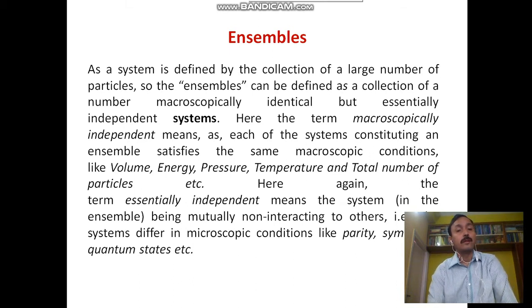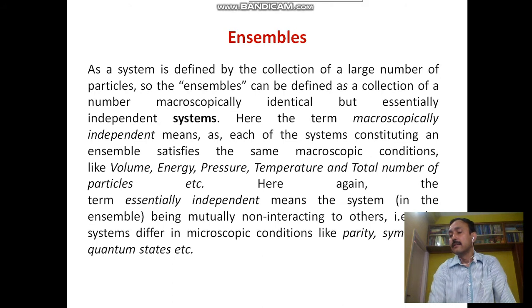The systems may differ in conditions like parity, symmetry, quantum states, etc. The ensemble is the assembly of systems as a whole.